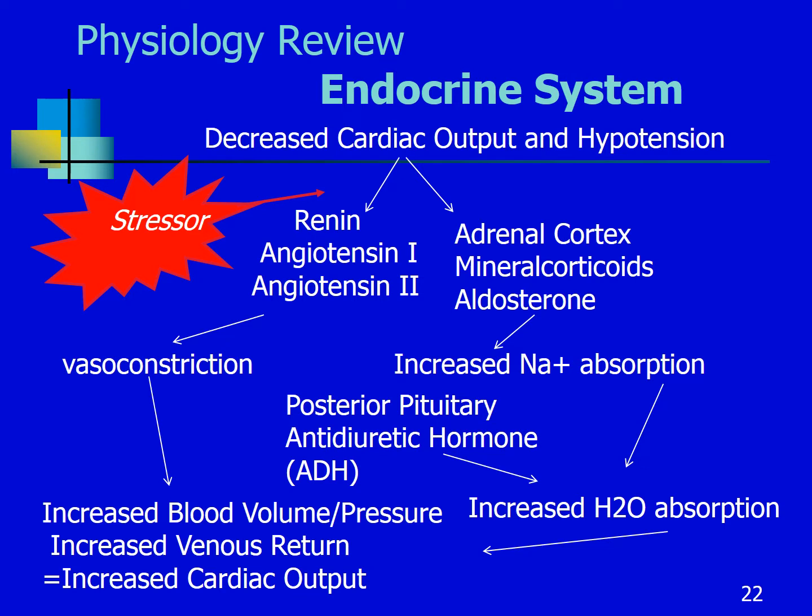Okay. So now we are looking at the endocrine review of how it tries to address the decreased cardiac output and hypotension. And so when the cardiac output is low and there's hypotension, there's a stimulation of the release of renin and aldosterone from the adrenal cortex, right?